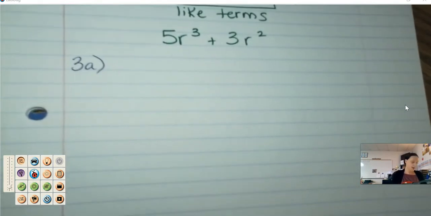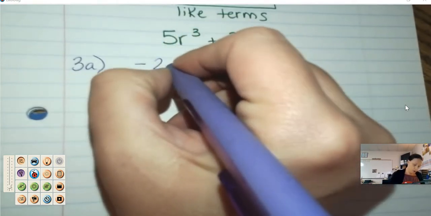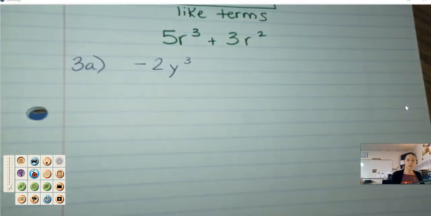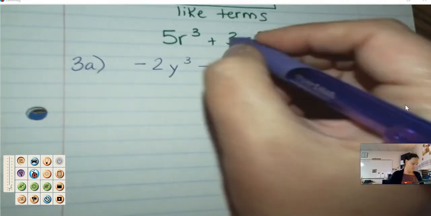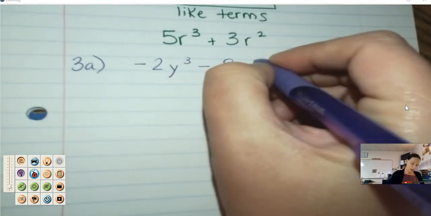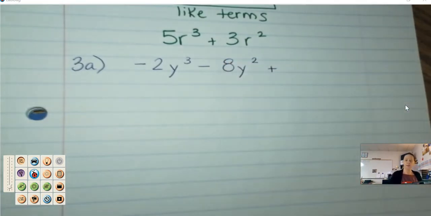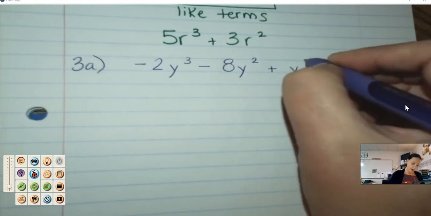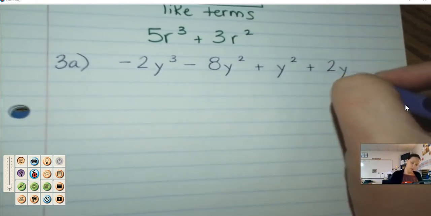Okay, so for 3a: negative 2y cubed minus 8y squareds plus y squared plus 2y cubed.